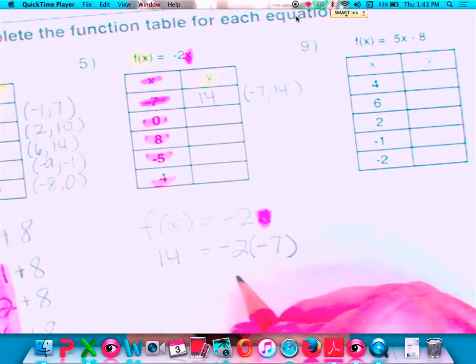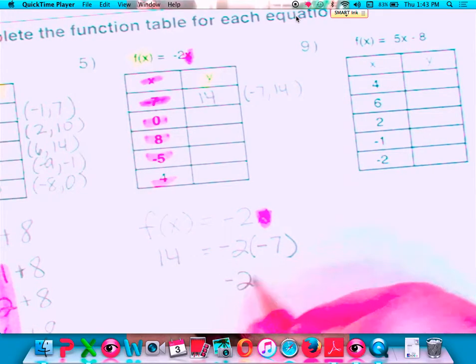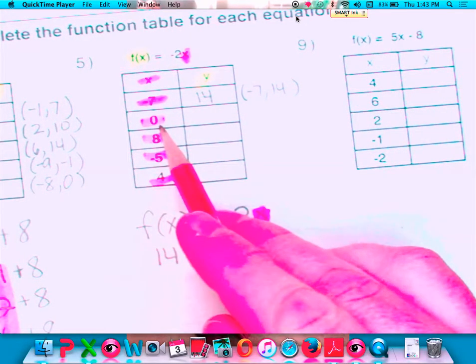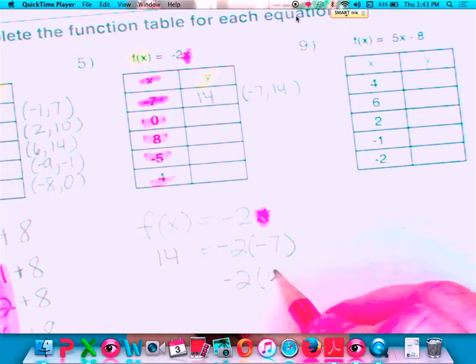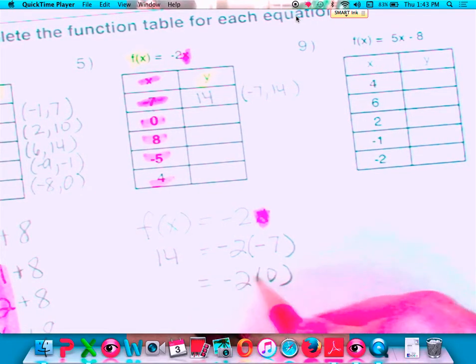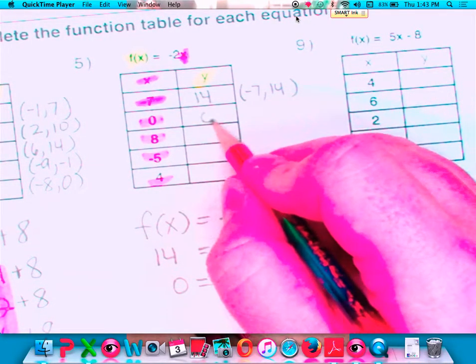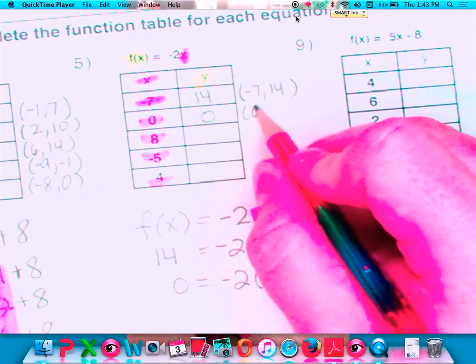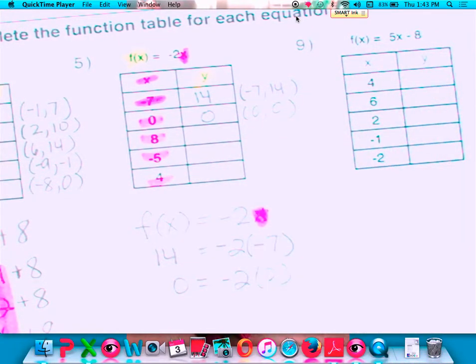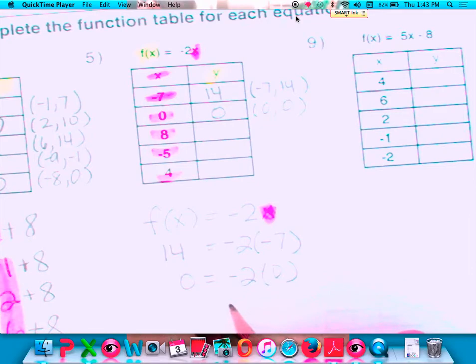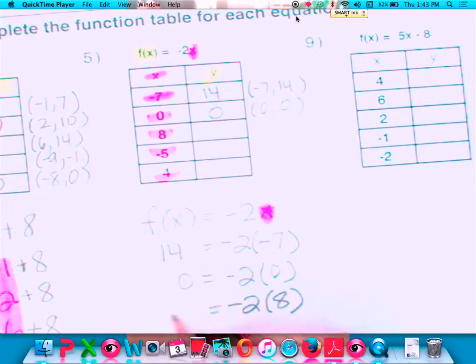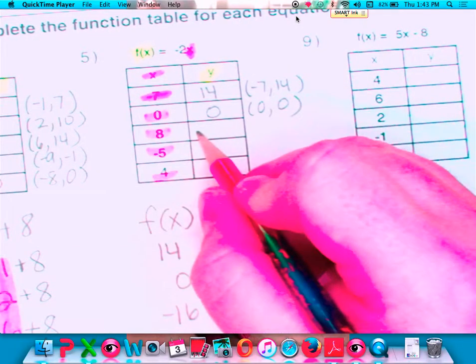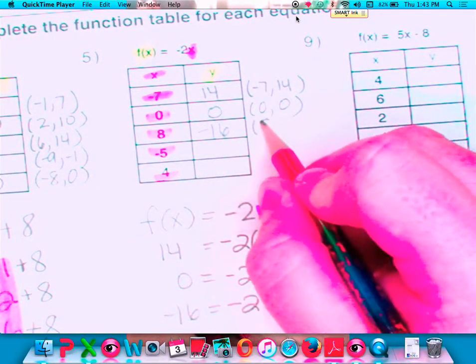I want to try all the rest of these, which are my domains. We'll do these real quick. So it's -2, put a 0 in for x because it's in the x column of my domain. -2 times 0 is 0. So my range now is 0. And look, I go to the point 0, 0. Put in the 8, so it's -2 times 8, which gives me -16. There's my ordered pair for my function.